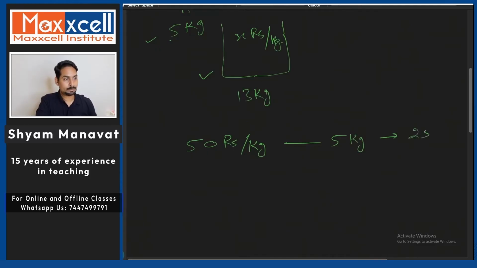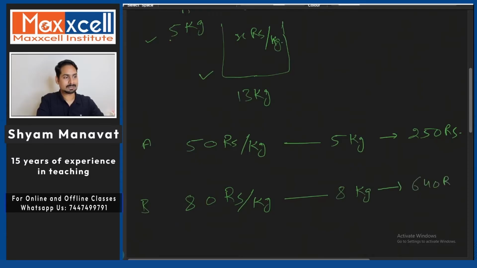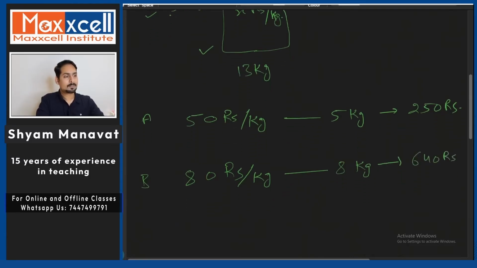You are going to spend 250 rupees on this. Let me call this type A and type B. Now you have 80 rupees per kg, the second type of rice, and you are buying 8 kg of this. So how much are you spending? 8 times 80 is 640 rupees. So in total, how much have you spent in buying both types of rice? You have spent 250 plus 640, so this will be 890 rupees.